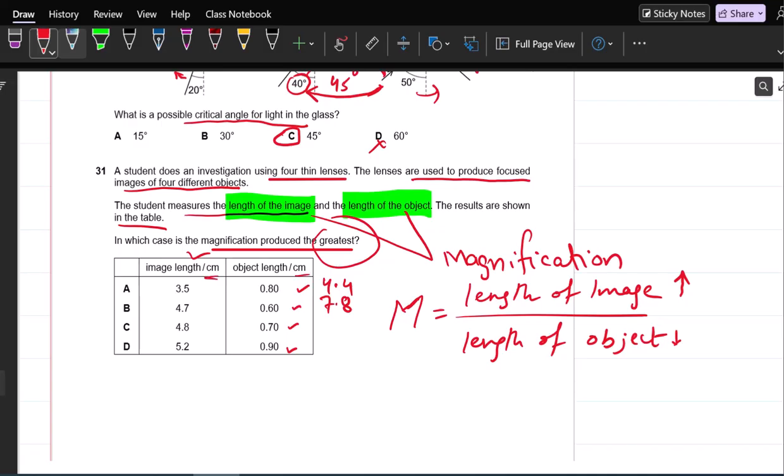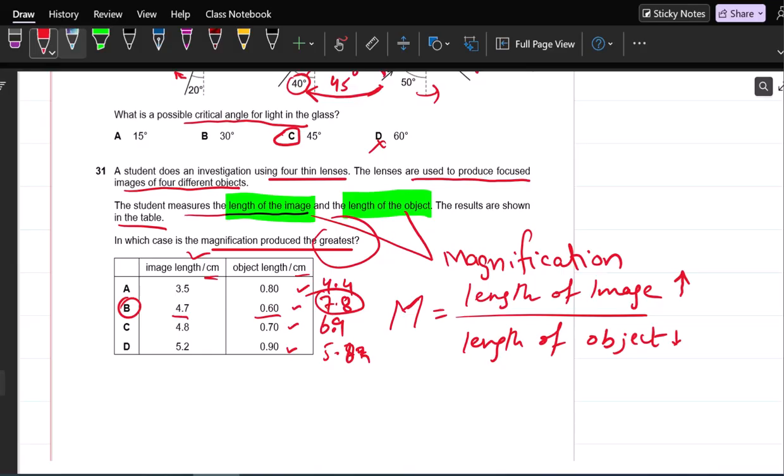And divided by 0.7, this is 6.9, rounded value I'm giving. Then 5.2 divided by 0.9, so you are getting 5.8. So B is right here. The value is bigger. So when the image length is 4.7 and object length is 0.6, your magnification will be the greatest.